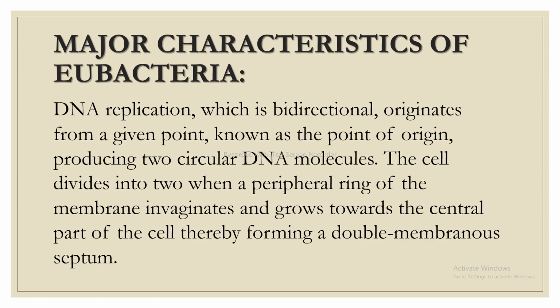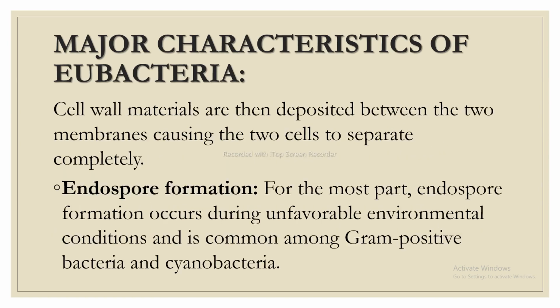The cell divides into two when a peripheral ring of the membrane invaginates and grows towards the central part of the cell, thereby forming a double membranous septum. Cell wall materials are then deposited between the two membranes, causing the two cells to separate completely.